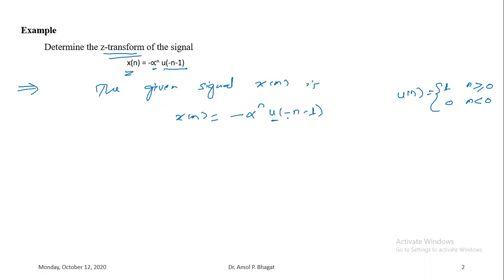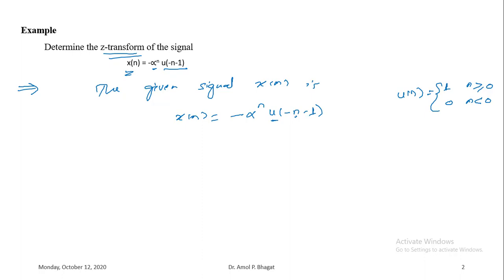So basically, when we substitute positive values of n here, for example, if I'm substituting n equal to 0, this will be u of minus 1, right? So u of minus 1 will be 0, correct?